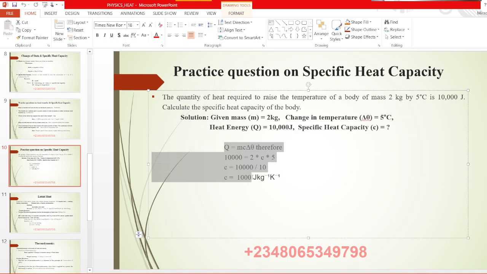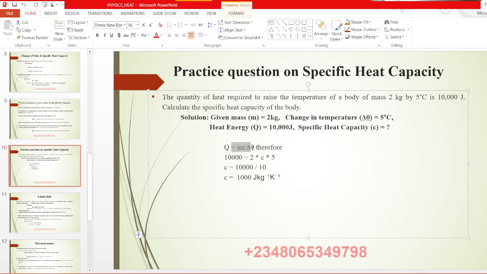Now, the SI unit for specific capacity is joule divided by kilogram divided by Kelvin. How did we get that? Very simple, because you can see a question that says, what is the SI unit for specific capacity? Recall that our heat energy is in joules. It is going to be divided by kg, and it's also going to be divided by Kelvin, and you could write it as J divided by kg multiplied by Kelvin.